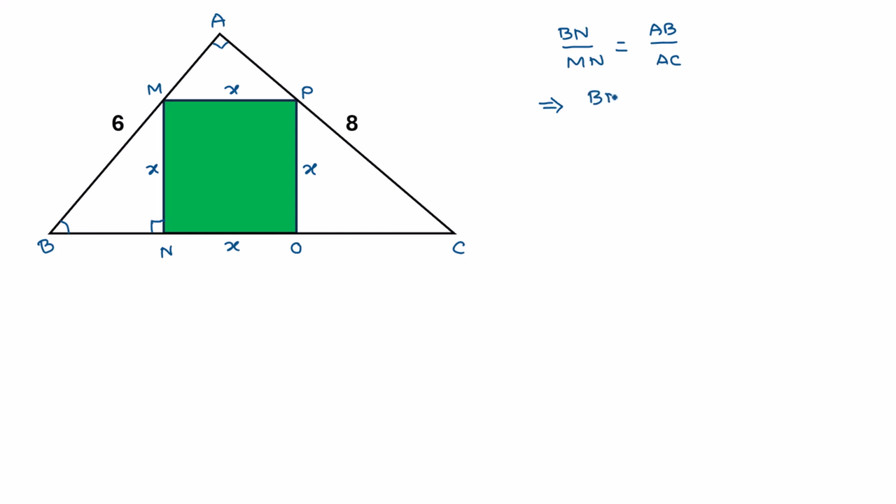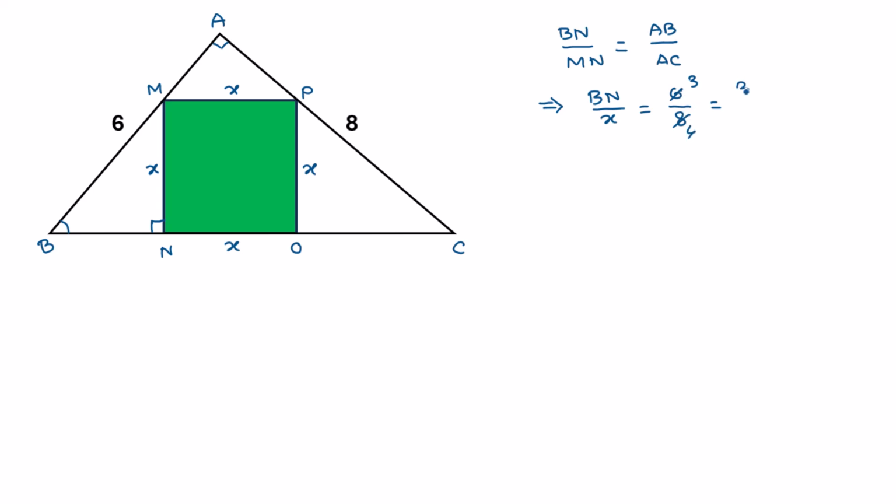So BN divided by MN, this MN we have considered as x, is equal to AB. The side length of AB is 6 unit. So 6 divided by AC, the length of this side AC is 8 unit, is equal to, simplifying this, here remain 3 and here 4, dividing both by 2.